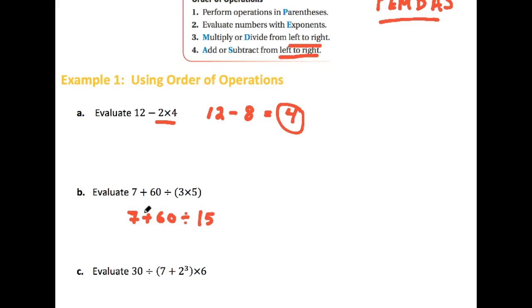What's first, division or addition? Well, you multiply or divide in step 3, add or subtract in step 4. So I got to divide first. 60 divided by 15 is 4. 7 plus 4 now is 11, and there's my answer.